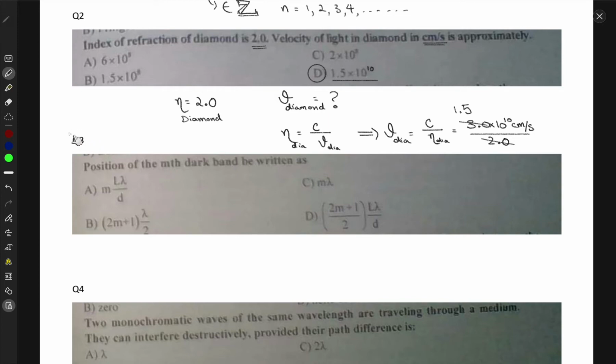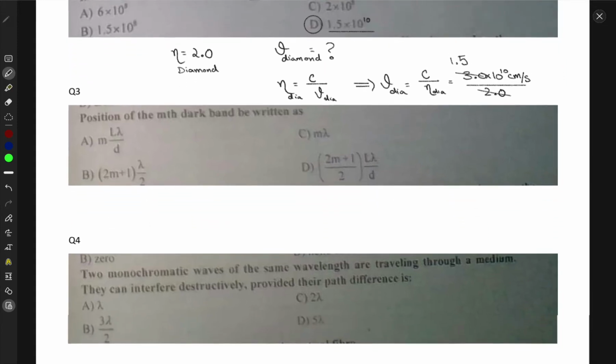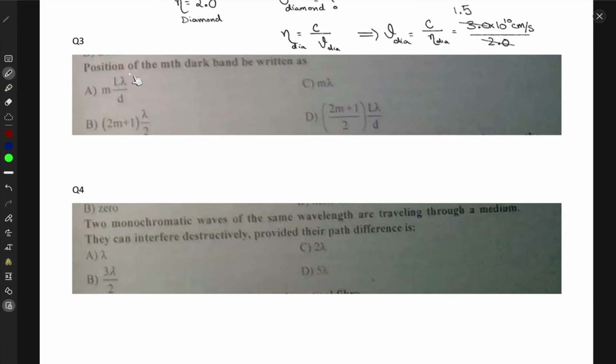Now let's move on to question number 3, which reads that position of the mth dark band would be written as. Now remember, when we saw the same thing in the theory part, we saw that if I have a double slit experiment, it would look something like this.